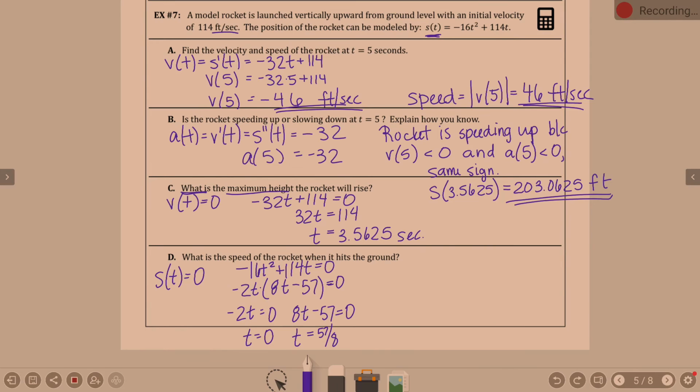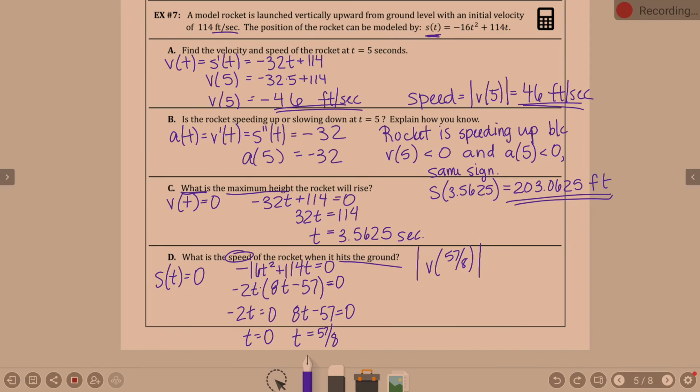How are we going to find the speed when it hits the ground? Velocity, right? Speed is the absolute value of velocity. So we're going to do the absolute value of the velocity at 57/8. Am I making sense there?